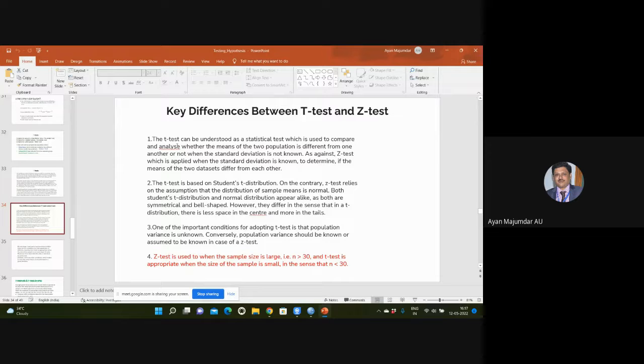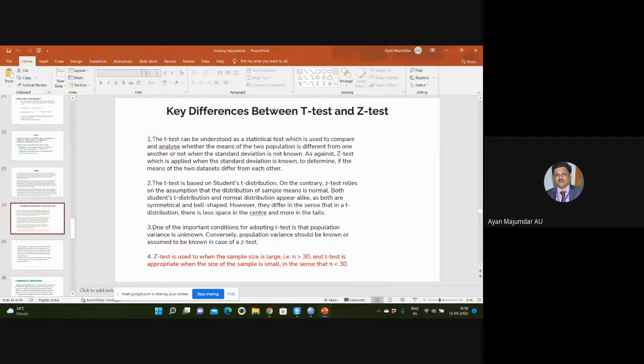Theoretically, the t-test is a statistical test used to compare and analyze whether the means of two populations are different from one another when standard deviation is not known. And in z-test, it is assumed that the standard deviation is known. So let us not go into all those things. We will apply the z-test in case of a large sample more than 30, which follows a normal distribution.